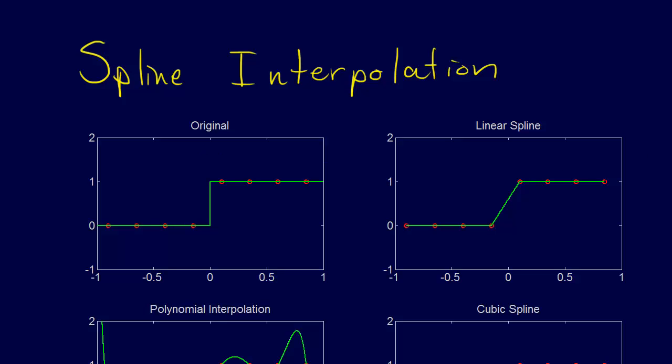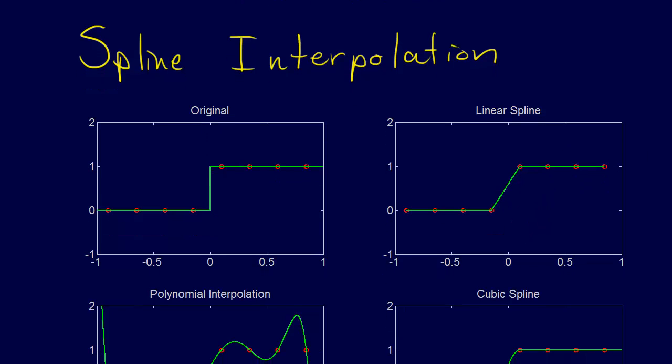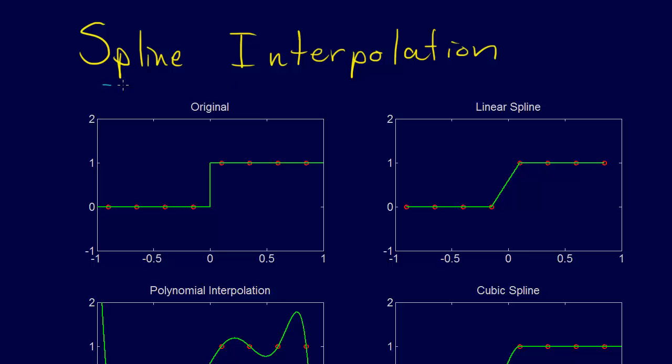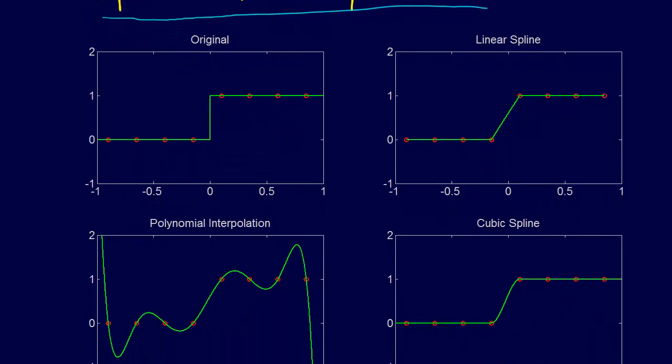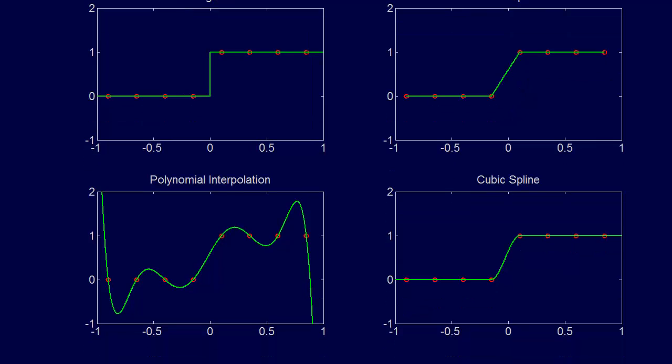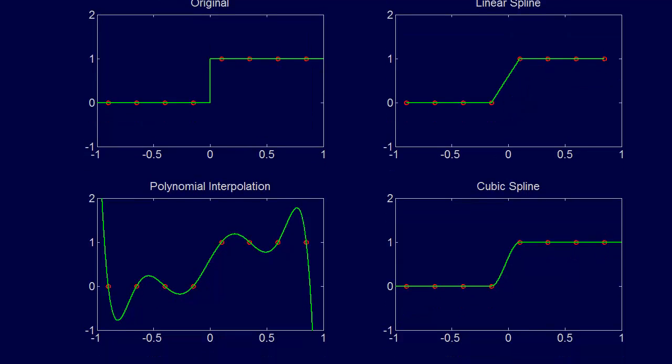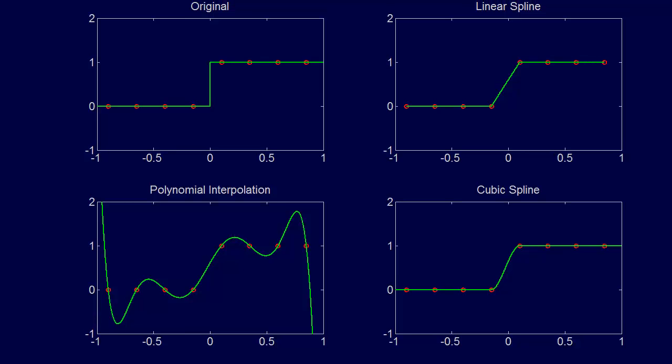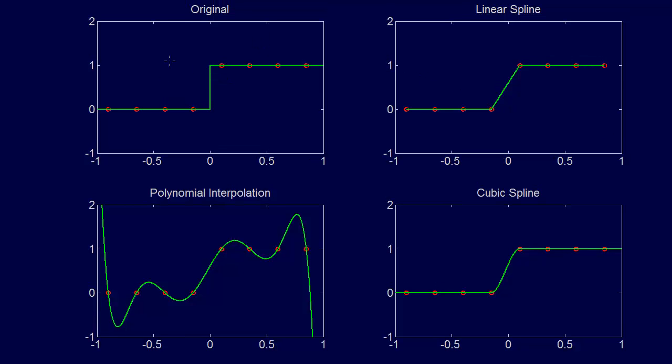The other type of interpolation we're going to talk about is spline interpolation. To show spline interpolation, I've plotted out a few functions, and I'd like to contrast it with polynomial interpolation, which we've just covered. Graphically here, we have this original function.